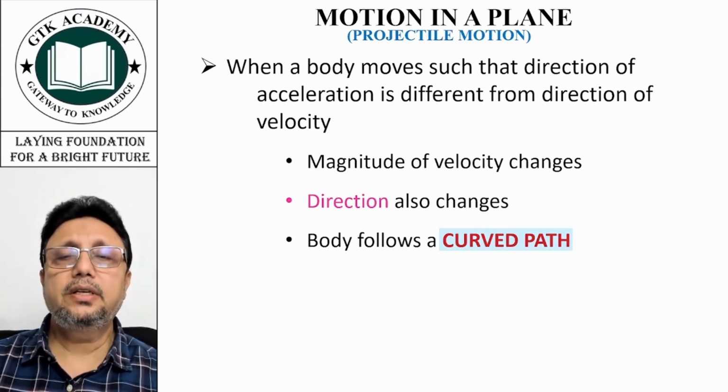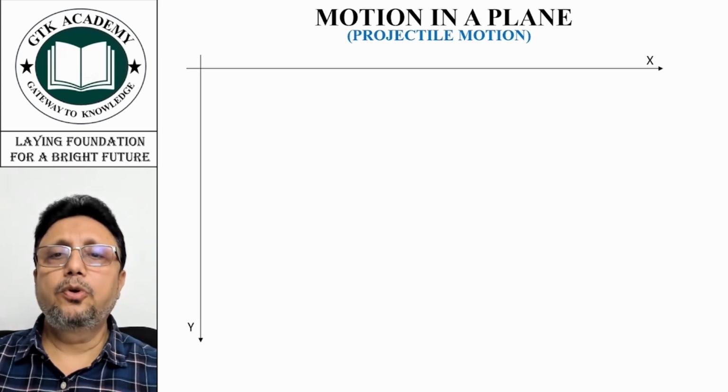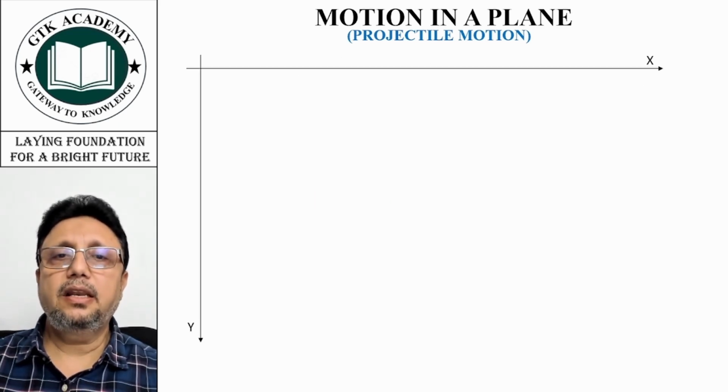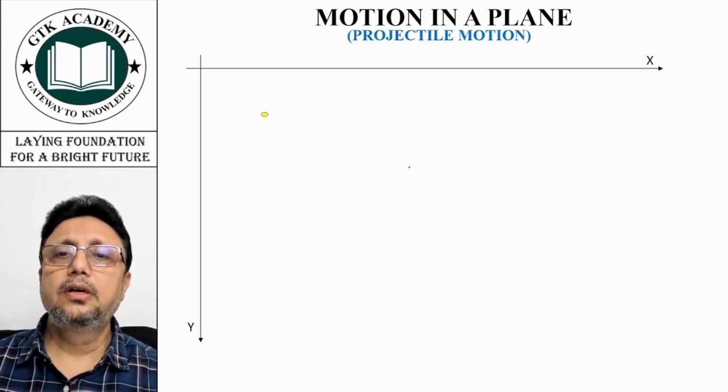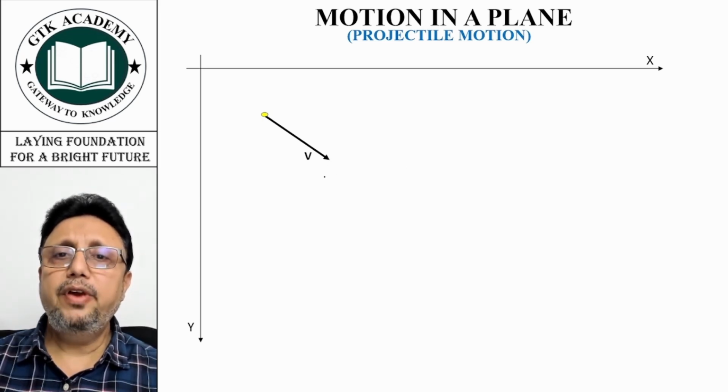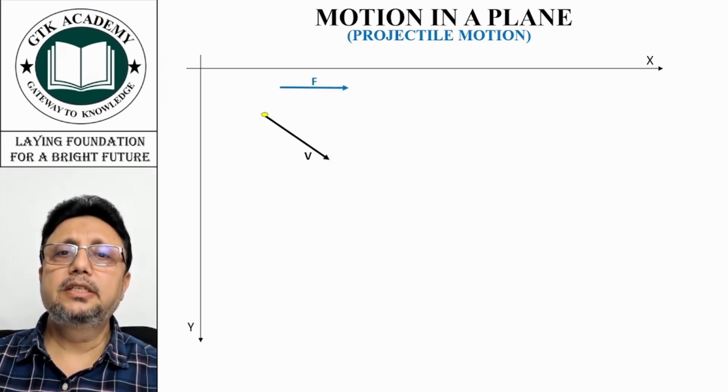Now let's see how it happens. Suppose we take our x and y axis like this, and we have a body. Its position is shown by this yellow dot. It's given velocity v in this direction. Now if we have a force or acceleration, whatever you call it, in this direction, here you can see the direction of force or acceleration is different from the direction of velocity.